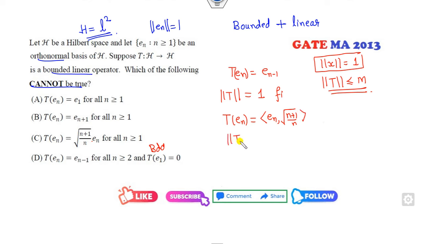So what is the norm of this? It is the same as the norm of this value. And clearly 1 over this is my finite number. On L2 it is a finite number, so this is bounded. So this is also bounded. Again, if you take the norm, it's 1, it's bounded. If you take the norm, again it's bounded. So all are my bounded.